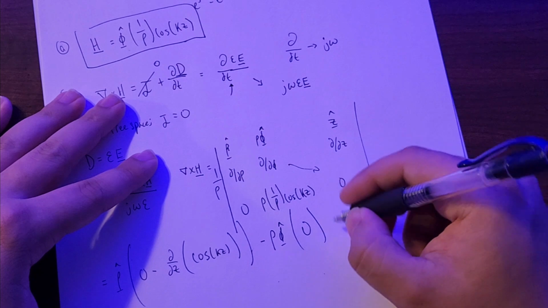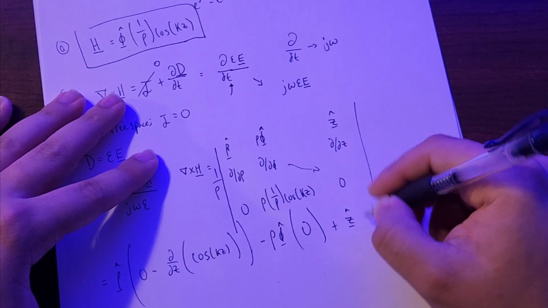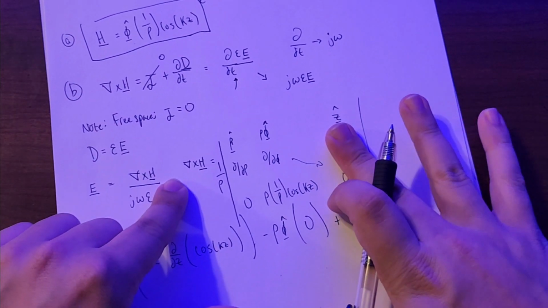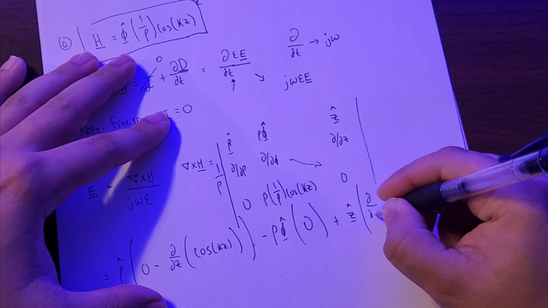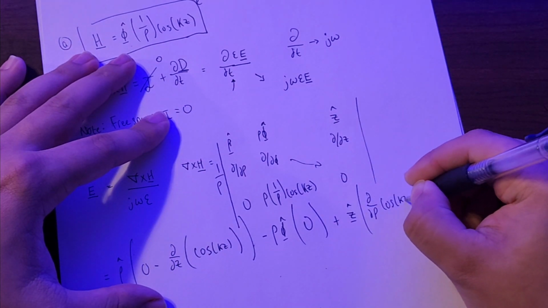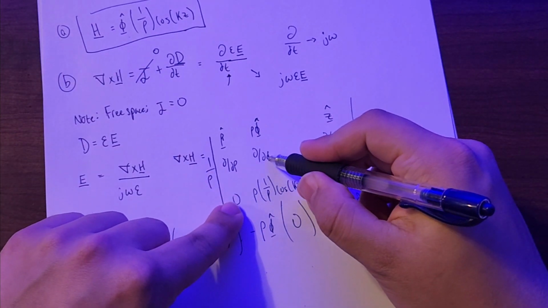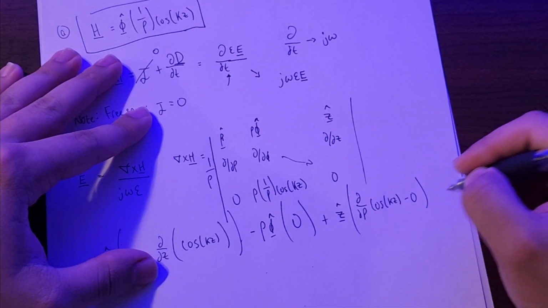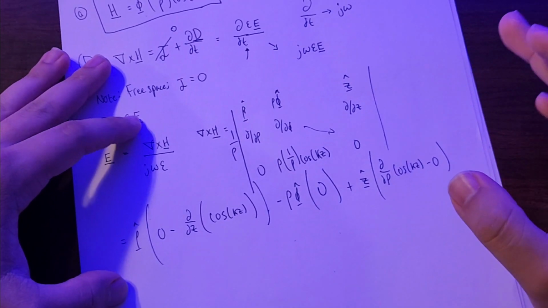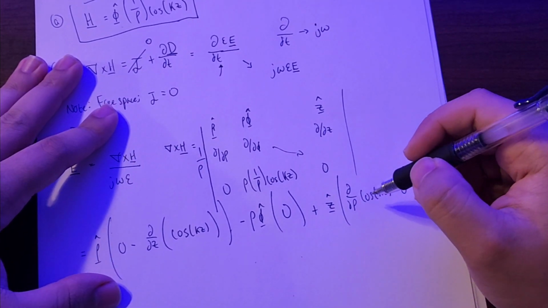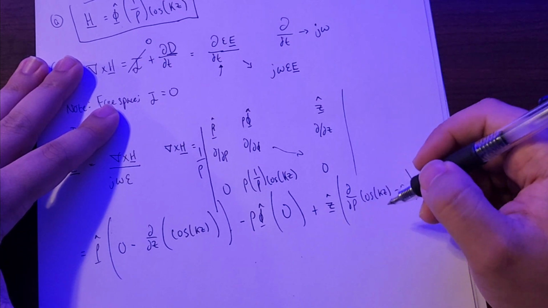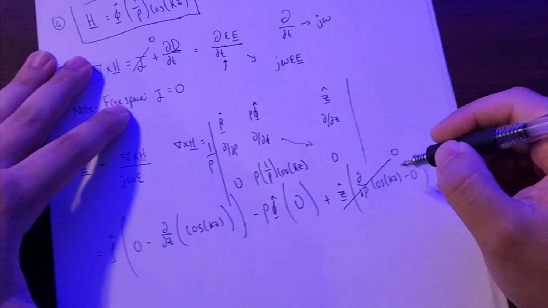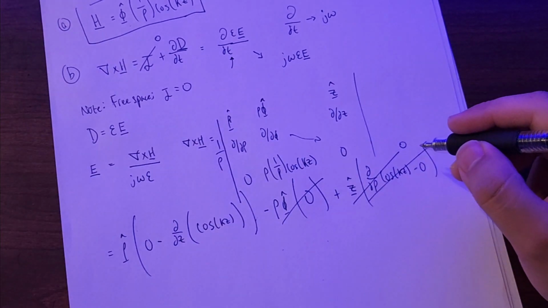Okay, so let's just replace that with 0. Plus the z component of, let's cover this. We have d/d rho times cosine kz. So we have d/d rho cosine kz minus d/d phi times 0 is 0. Hopefully y'all have made sure to keep up with this. Let's start over here. This is going to be what? That's 0. There's no rho to evaluate this derivative. So this is 0, this is 0. We're left with the rho hat.